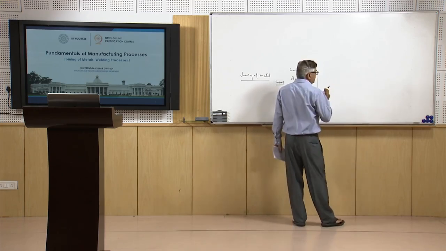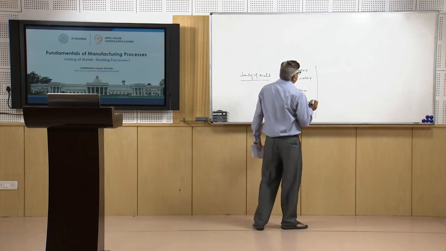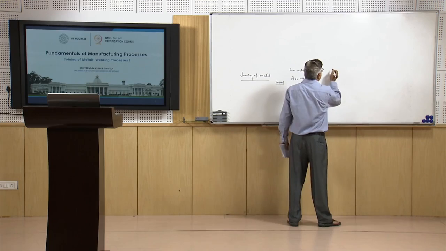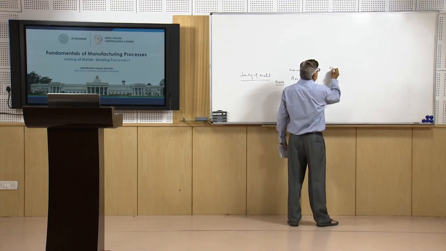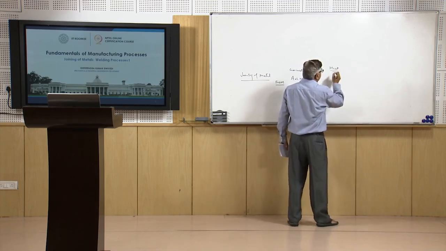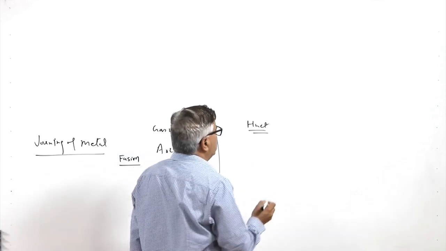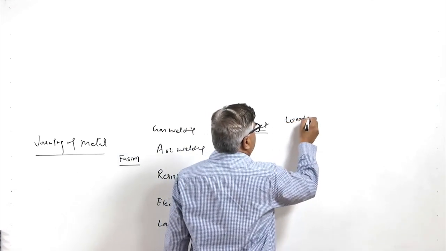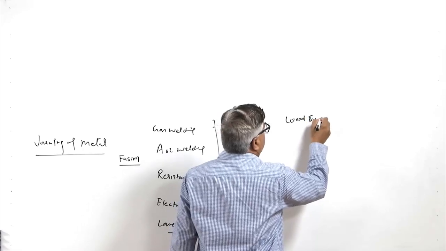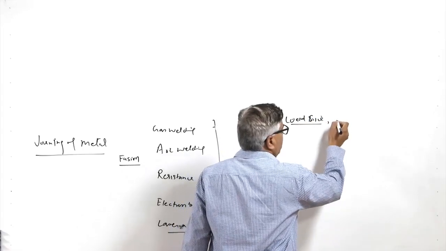Apart from the heat aspect, let us talk a little bit in detail about how the heat input affects the joint. We know that the weld size increases with the increase in heat input.